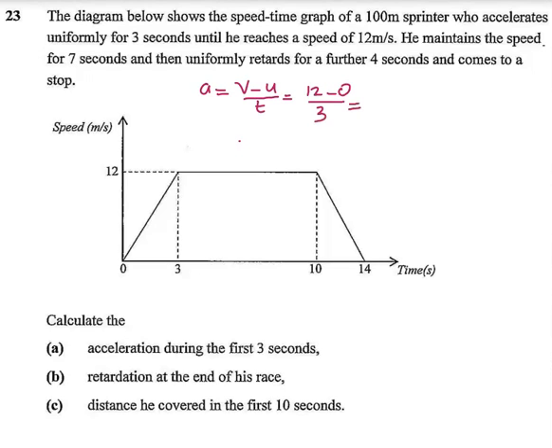So we have 12 over 3, and 12 divided by 3, we are getting 4 meters per second, isn't it? That's what we're going to get here.